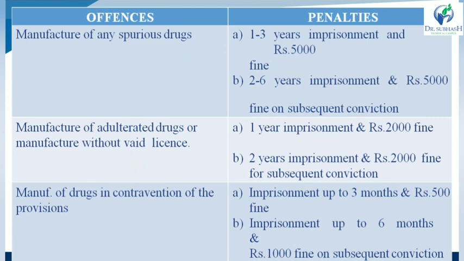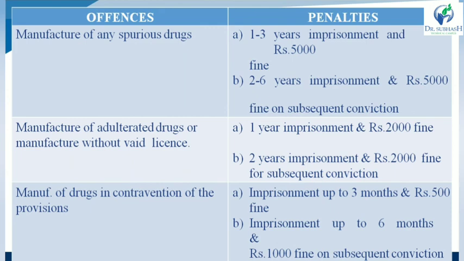Second one, manufacture of adulterated drug substance or manufacture without a valid license: 1 year imprisonment and Rs 2000 fine. And if you repeat the same mistake, 2 years imprisonment and Rs 2000 fine on subsequent conviction.